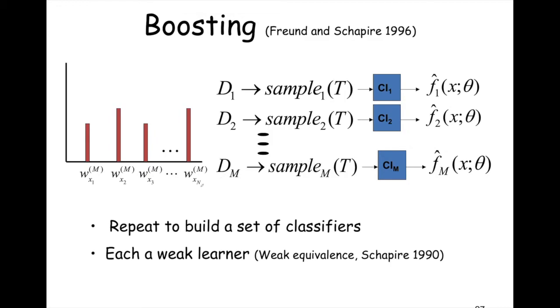This is based on the weak learning equivalence theorem by Schapire, 1990, and it's based on the fact that if these component classifiers are competent, meaning that they are correct more than they are incorrect, then if you run this boosting sequence long enough, the error will go to zero.